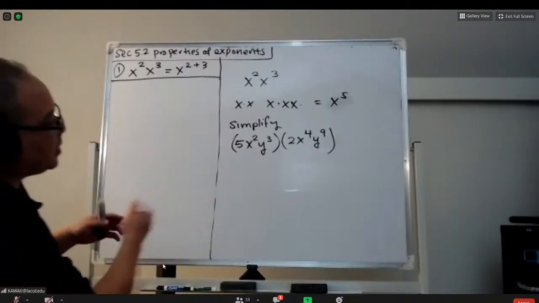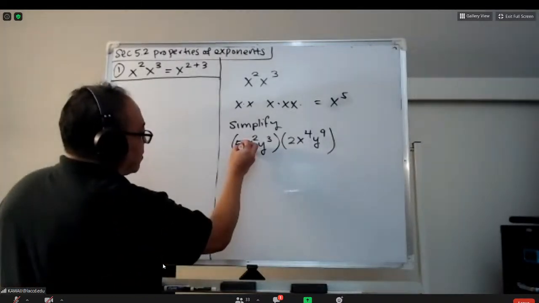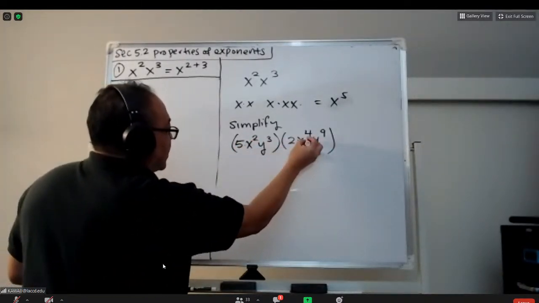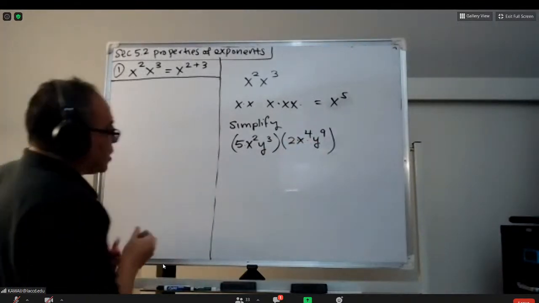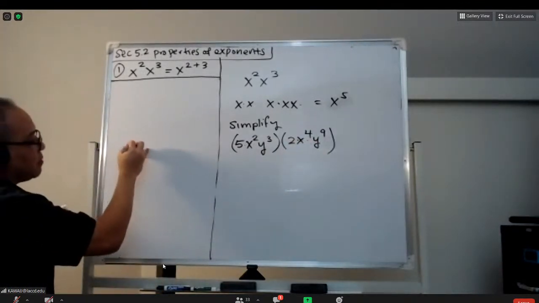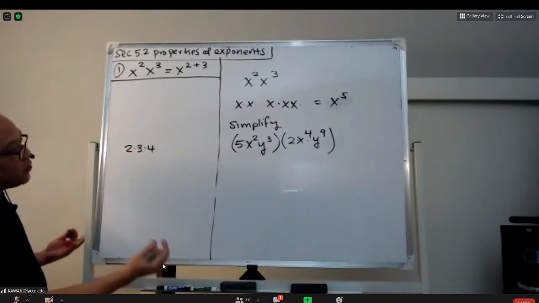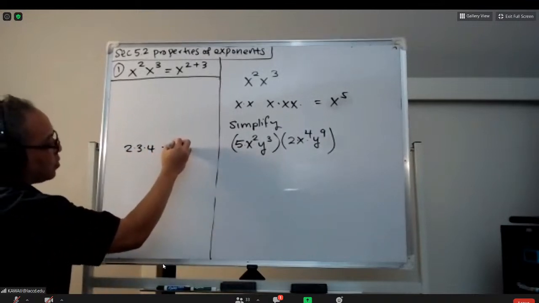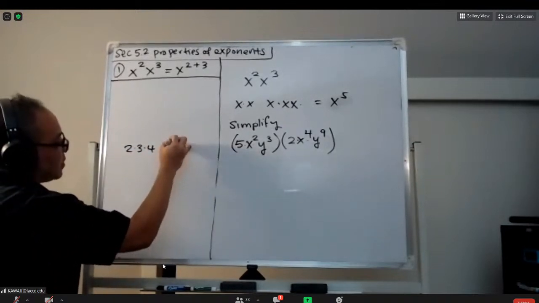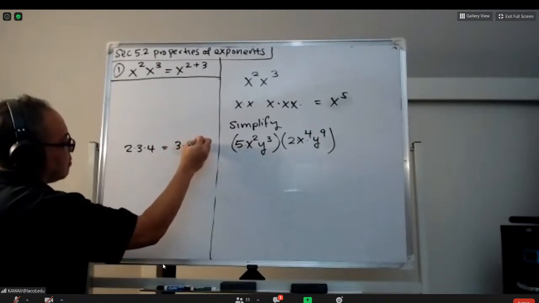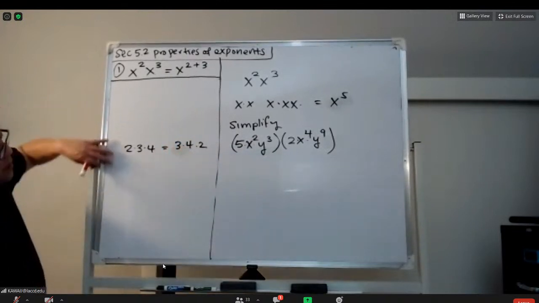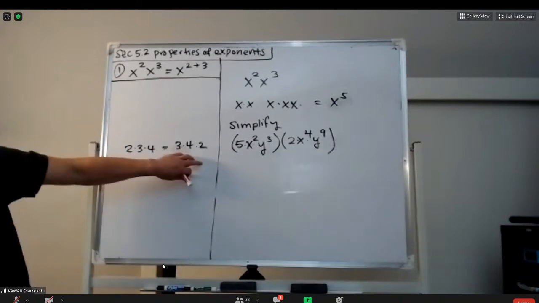Now, everything here is separated by a multiplication. So even though it's not there, it's there. Whenever you have a multiplication, it doesn't really matter which order you do these things in. This is going to give me 24, and this is going to give me 24.